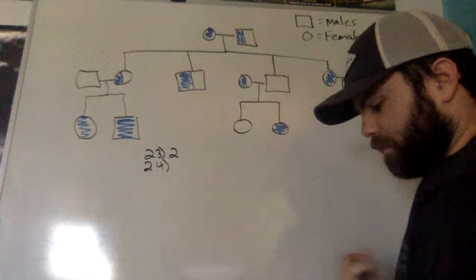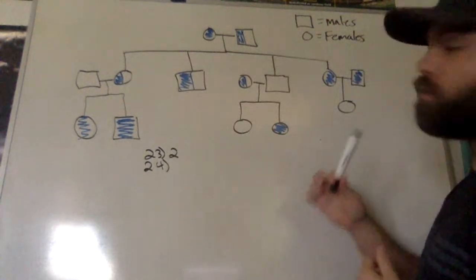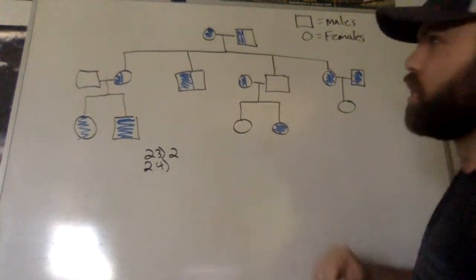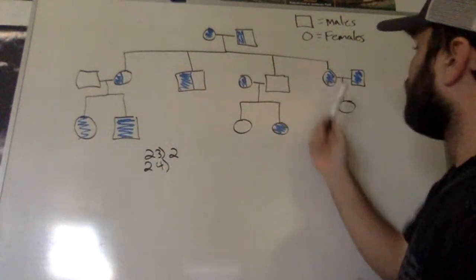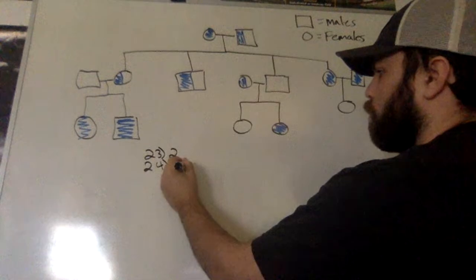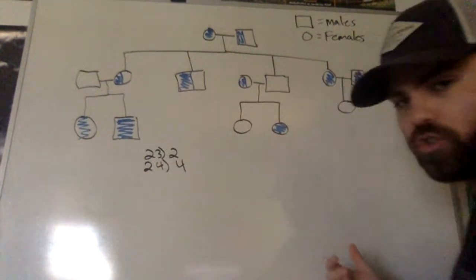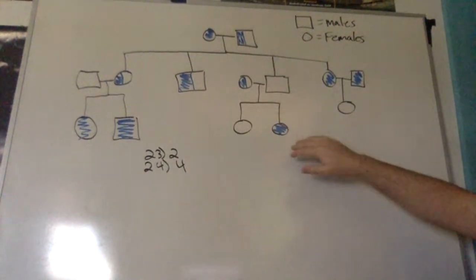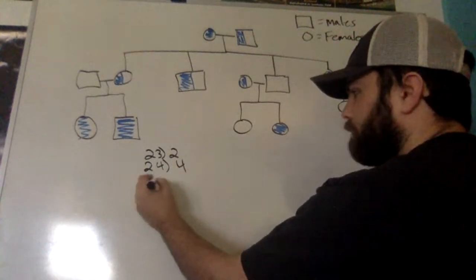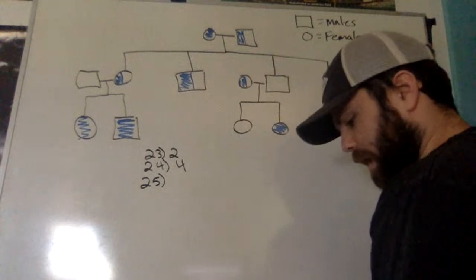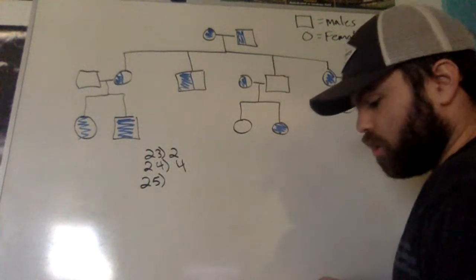Now let's look at 24. 24 is asking us how many females are affected. So now we're going to look for circles that are completely shaded in. We have 1, 2, 3, and 4. So we actually have more females affected with this trait than we do with males. Now 25, we're looking at how many females are carriers.